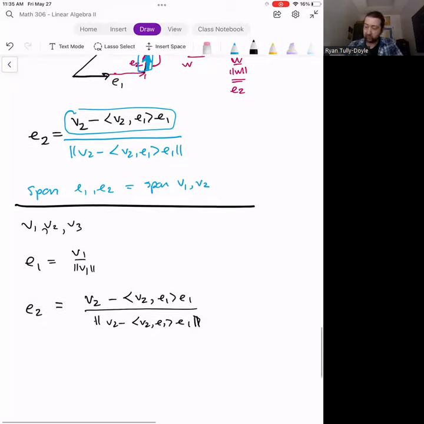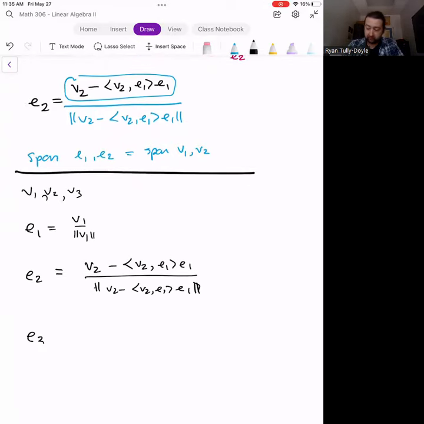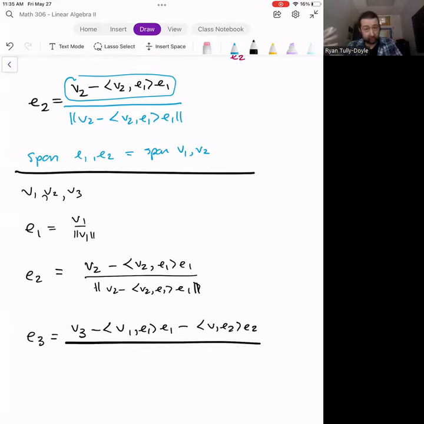How do I get E3? Well, take V3, make it perpendicular to V1 by subtracting off the projection onto E1. Make it perpendicular to E2 by subtracting off the projection onto E2. The thing that came out the other side might not be a unit vector, so make it one.